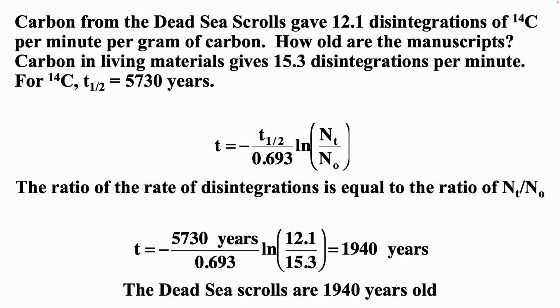Remember that the rate of disintegration is proportional to the amount. And so we can plug in the disintegrations of the dead thing that's been dead for a long time, the 12.1, divided by the disintegrations of something currently living. And so if we do the math, we get 1,940 years. And so that says the Dead Sea Scrolls are 1,940 years old.